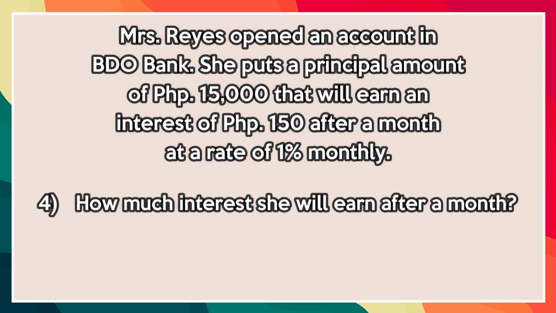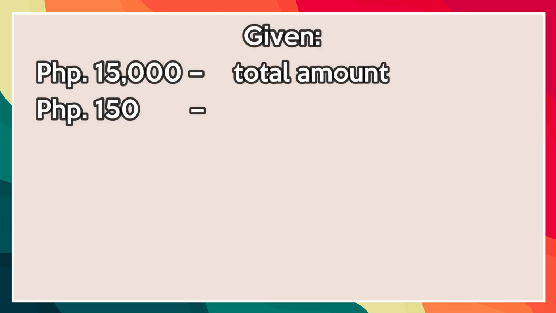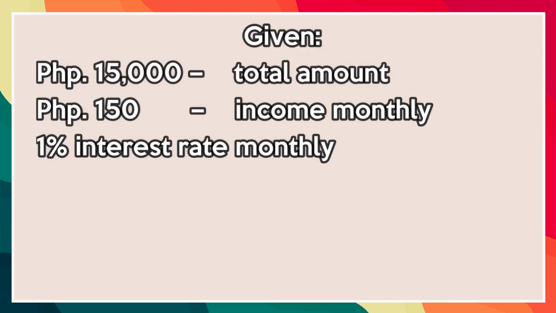Number 4. How much interest will she earn after a month? Correct. Mrs. Reyes earned 150 pesos income monthly. So what are the given? The given are 15,000 total amount, 150 pesos income monthly, and 1% interest rate monthly.